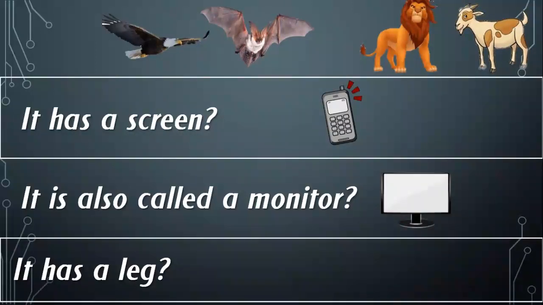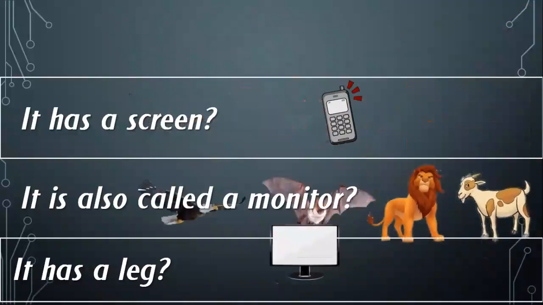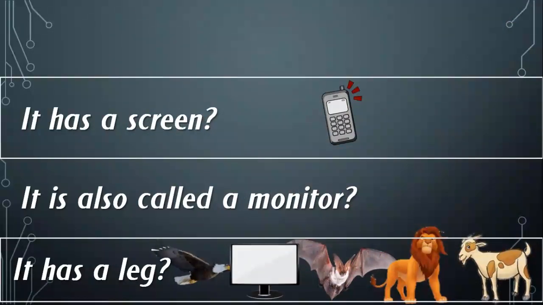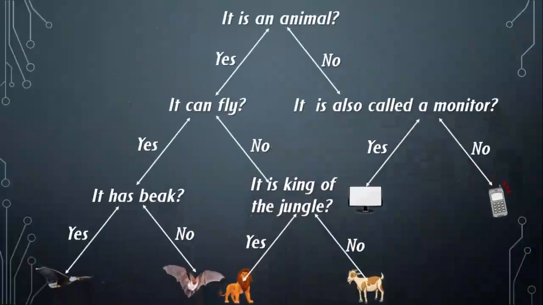Now kids, at the end, this is how our tree diagram will look like. Using questions to sort them. Remember, questions are called query. Look at this. We use is it an animal to divide the list into 2 parts.